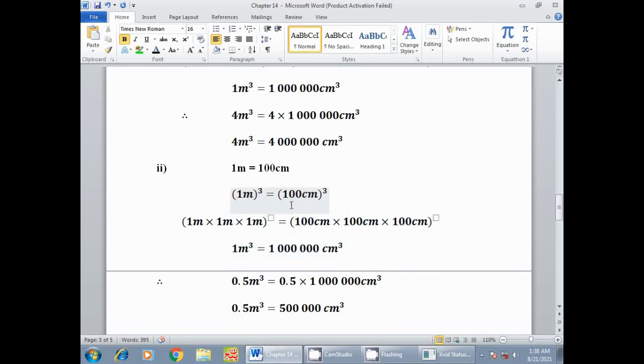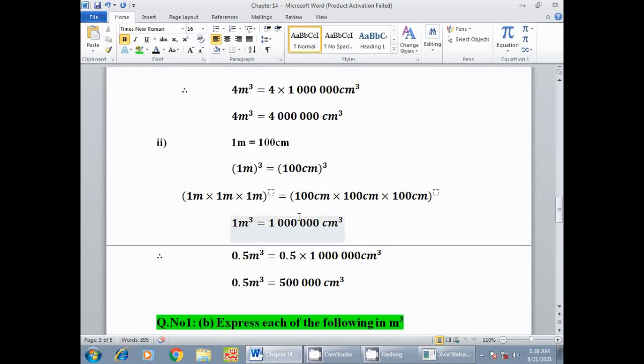Expanding left and right side, 1 meter whole cube means 1 meter times 1 meter times 1 meter. And right side, 100 centimeter whole cube means 100 centimeter times 100 centimeter times 100 centimeter. By taking the product of left and right side, we know that 1 cubic meter equals 1 million cubic centimeters.